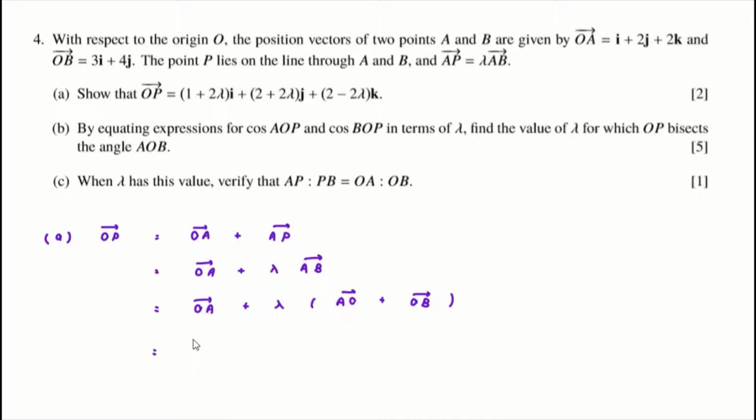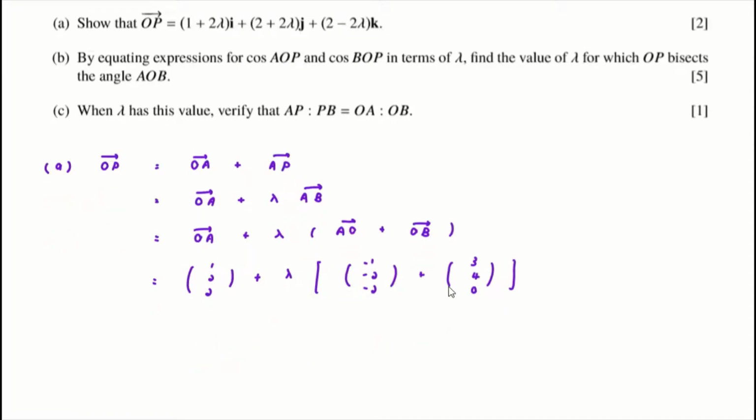So 1, 2, 2 plus lambda times (-1, -2, -2 plus OB, which is 3, 4, and k is 0). After we get this, let's combine this part. So we have 1, 2, 2 plus lambda times (-1 plus 3), so we have 2, 2, and -2.